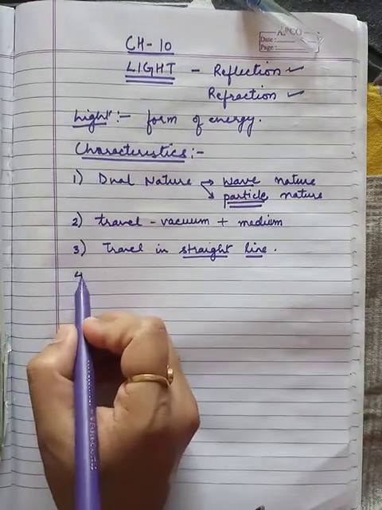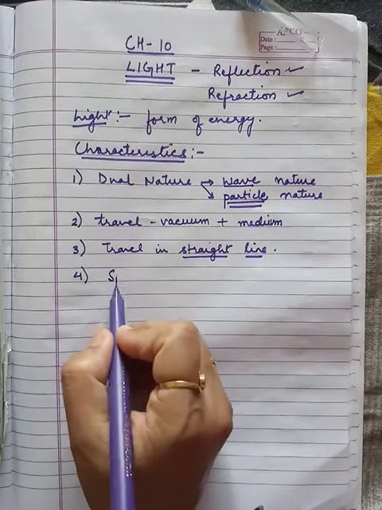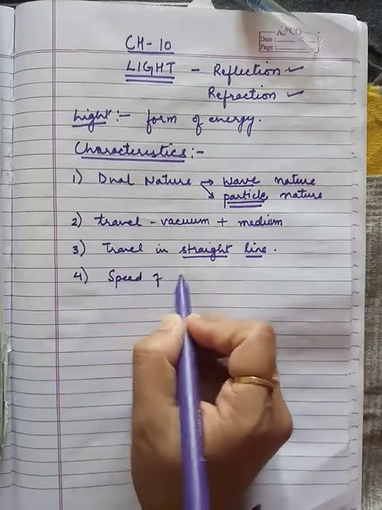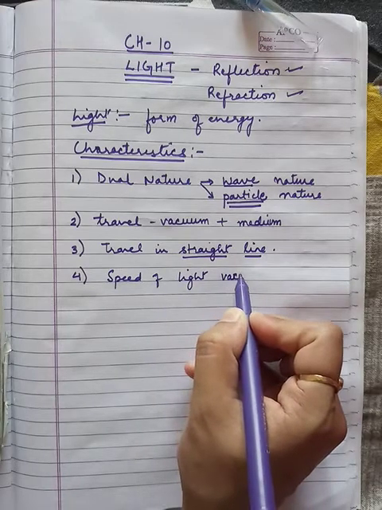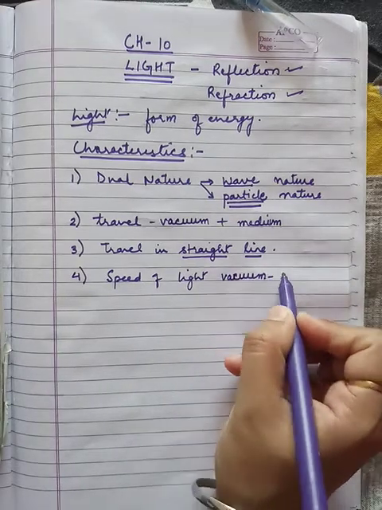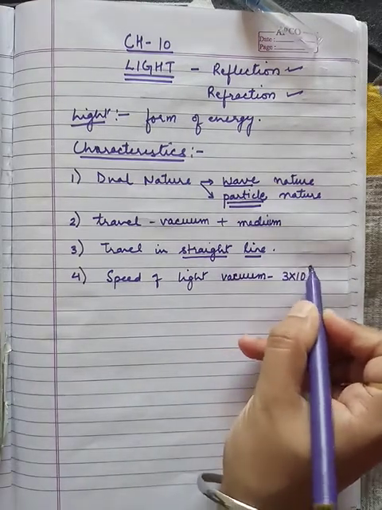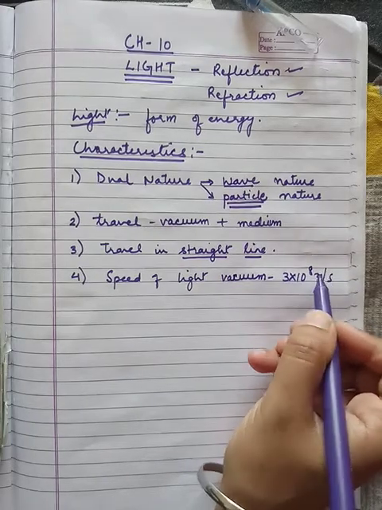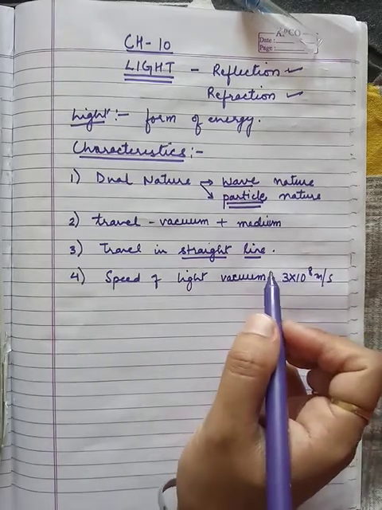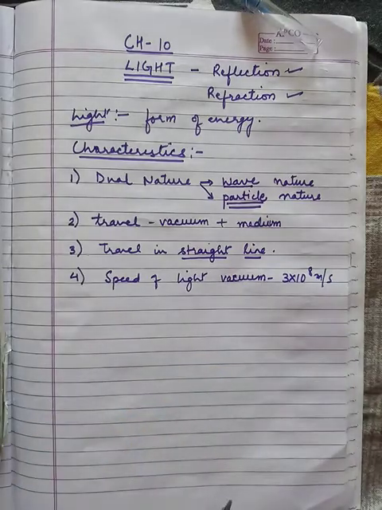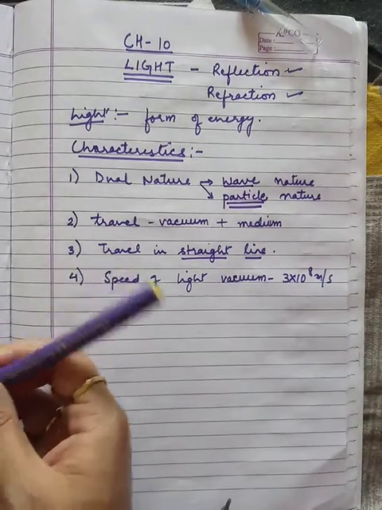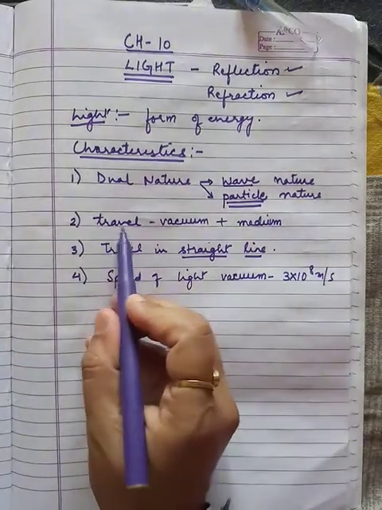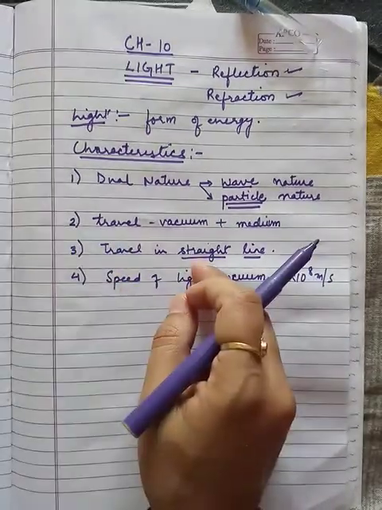Okay, the fourth property is the speed of light. The speed of light in vacuum, I will tell you, is 3 multiplied by 10 to the power 8 meter per second. Okay. Here I will tell you what we mean by traveling. Traveling means moving, that we know.